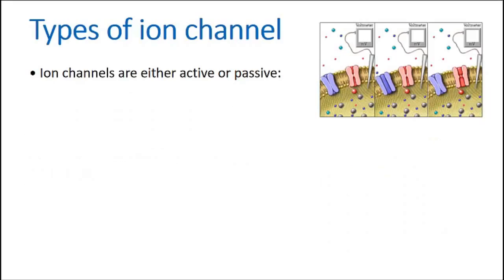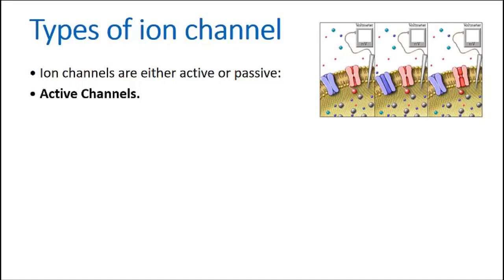The types of ion channel, based on our understanding, can be of two different types, based on whether they are always open or they are closed. Based on that, we call them active channels and passive channels. Active channels are gated.